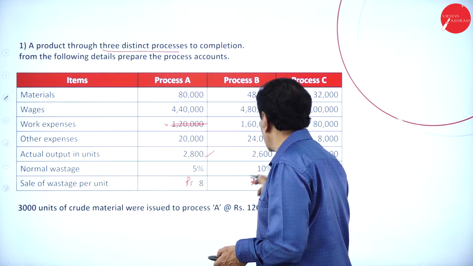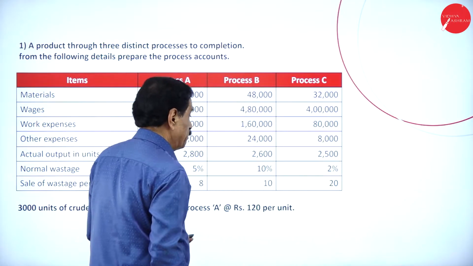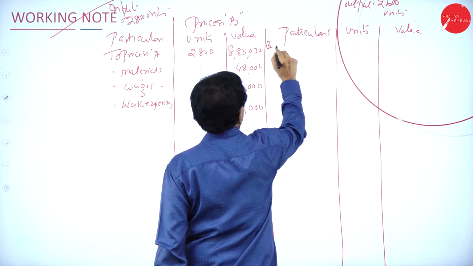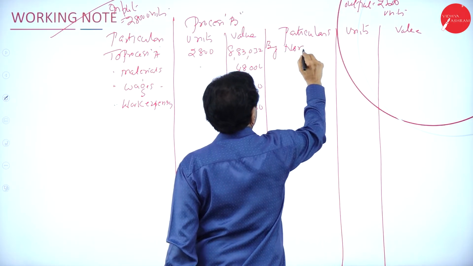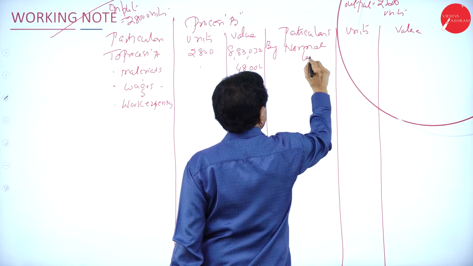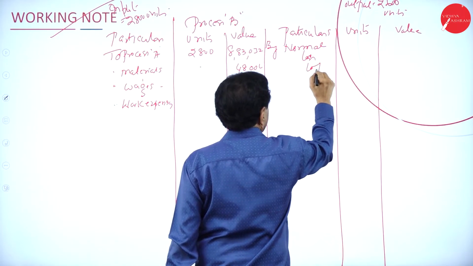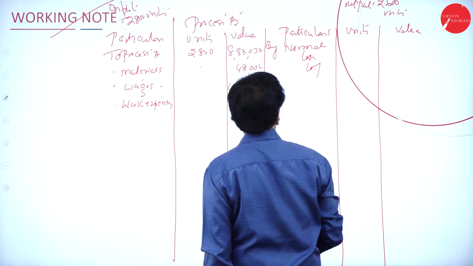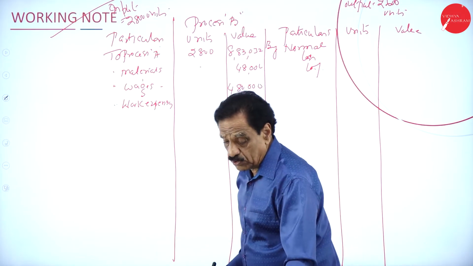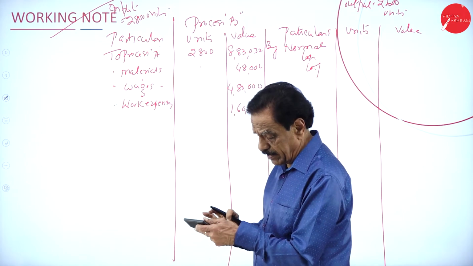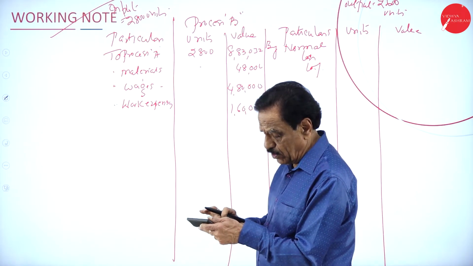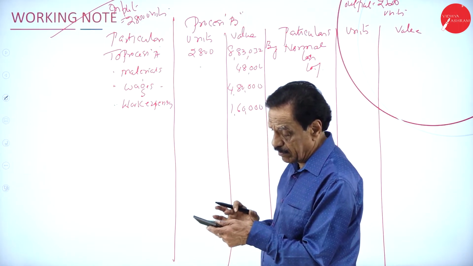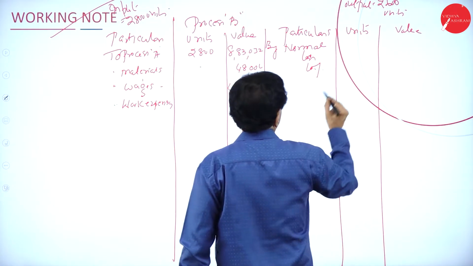Come back to your normal loss. How much percentage? 10%. By normal loss, 10% of 2,800. 2,800 into 10 divided by 100, 280 units.